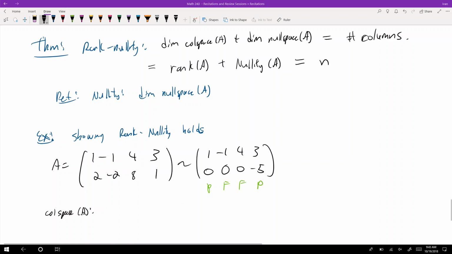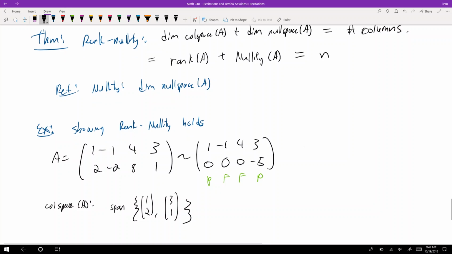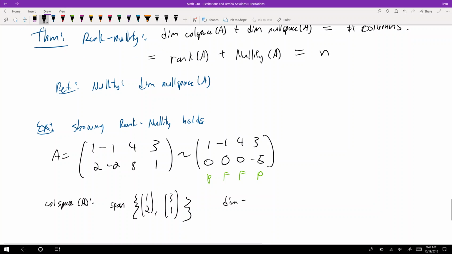So what is the column space of A? The span of the first and fourth column. Yeah, the span of the first and the fourth columns, which are (1, 2) and (3, 1). And what's the dimension? 2.